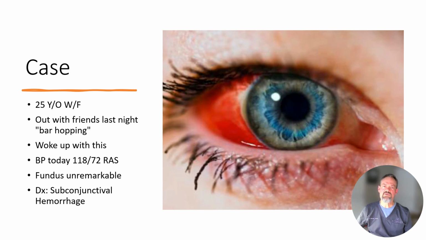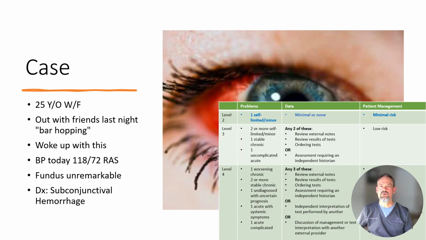So what level should we code this at? Looking at our chart, we can see that we've met a level 2 as being a self-limited minor condition. We recorded minimal or no data, and there was minimal risk under the patient management section. So in this case, we will code her as a level 2.